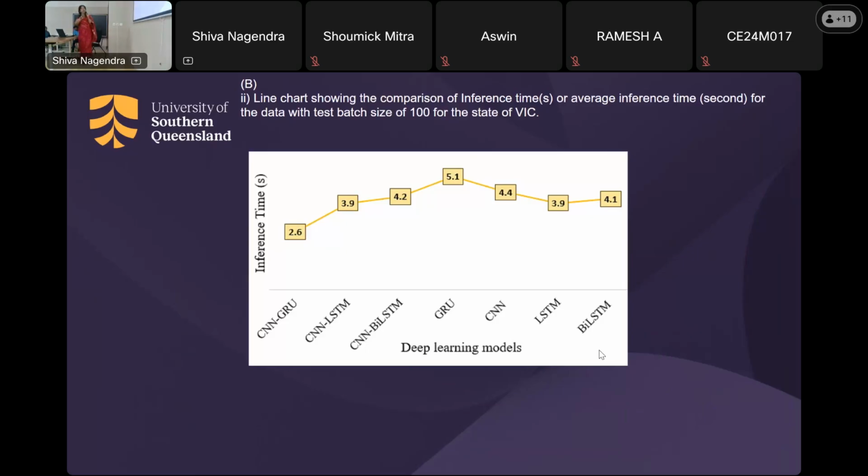This shows the inference time, and the line chart shows the average inference time in seconds for the data with a test batch size of 100, not 50,000, but 100. This is for the state of Victoria, and the lowest inference time is 2.6 seconds for our model. The next best model was CNN LSTM, with 3.9 seconds for a batch of 100.